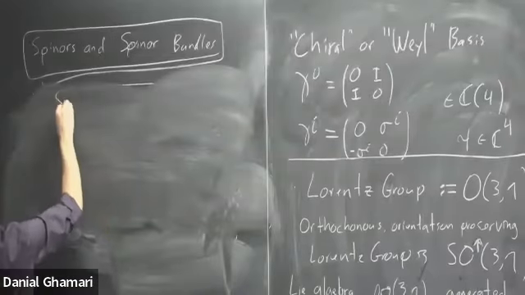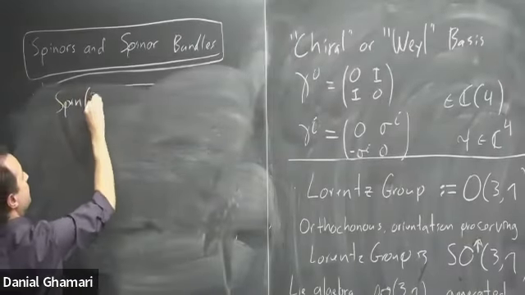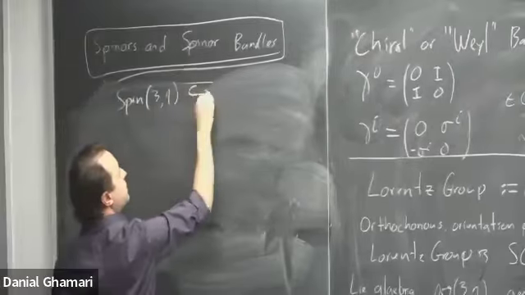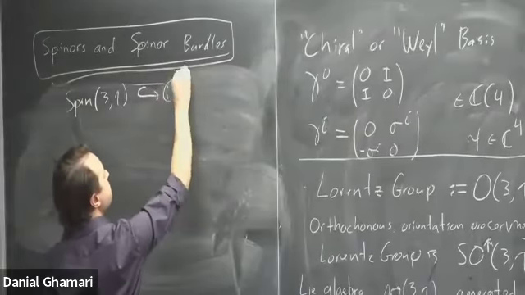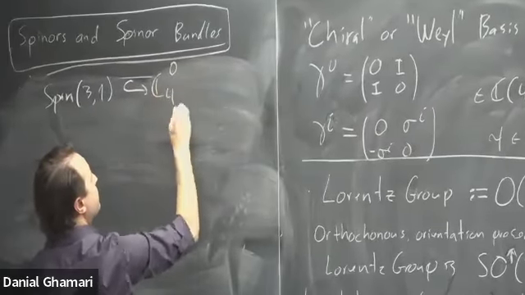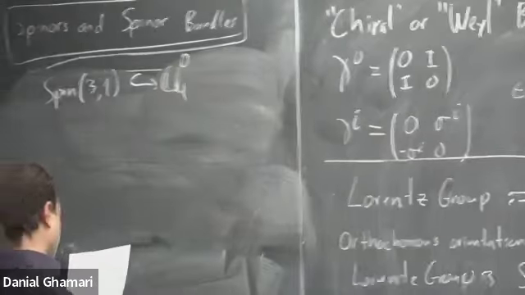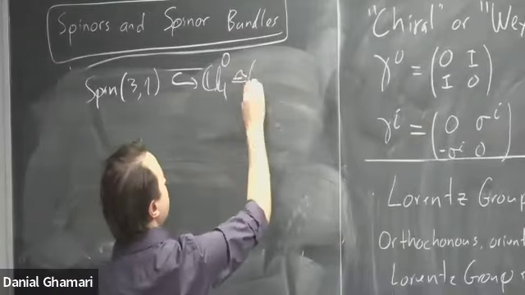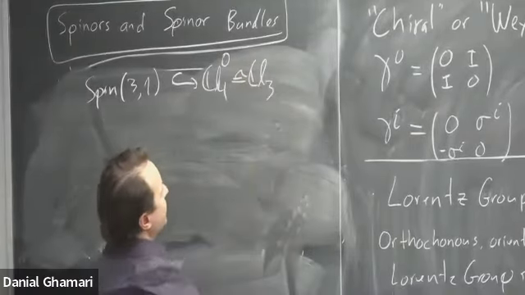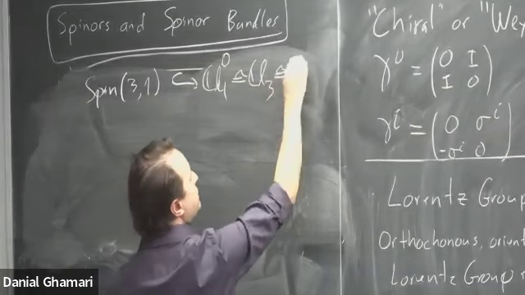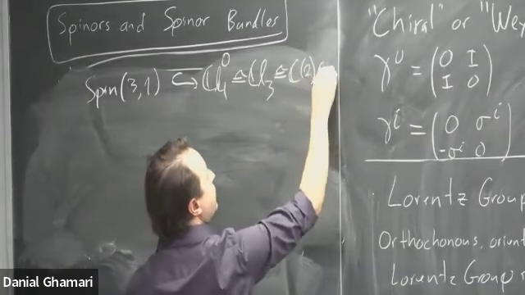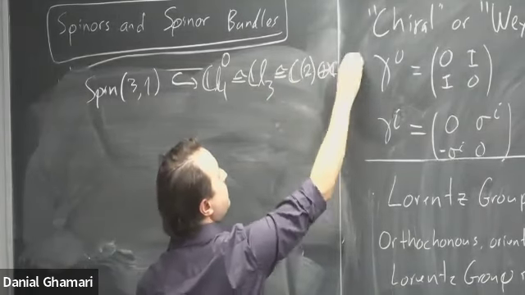Right, so spin in particular lives in the even subalgebra, CL4 even, which is isomorphic to the Clifford algebra of one degree lower, which in this case is actually two copies of 2 by 2 matrices.